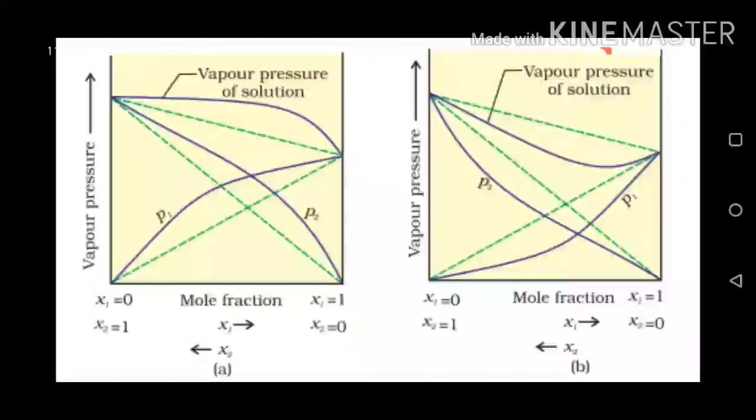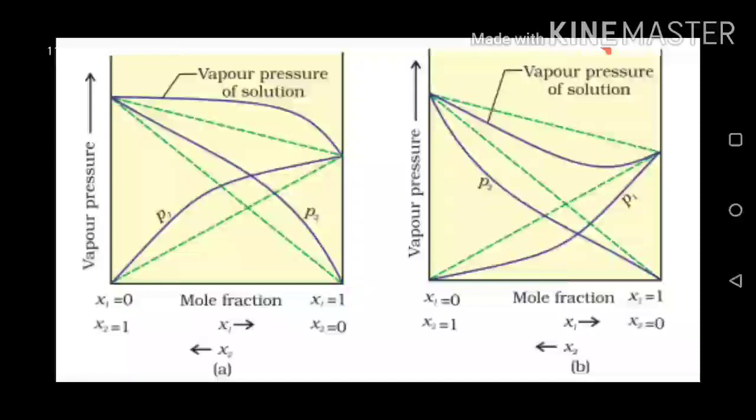Now let us see it graphically. In this diagram, on the left hand side we can see the positive deviation from Raoult's law. You can rewind the video and see that in case of positive deviation, what we have observed is PA is greater than PA0 into XA and PB is greater than PB0 into XB, and the total vapor pressure will always be greater.